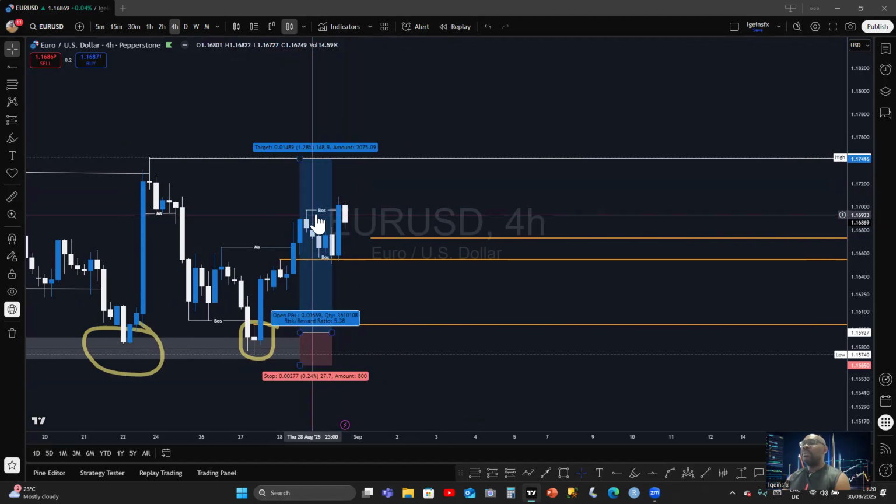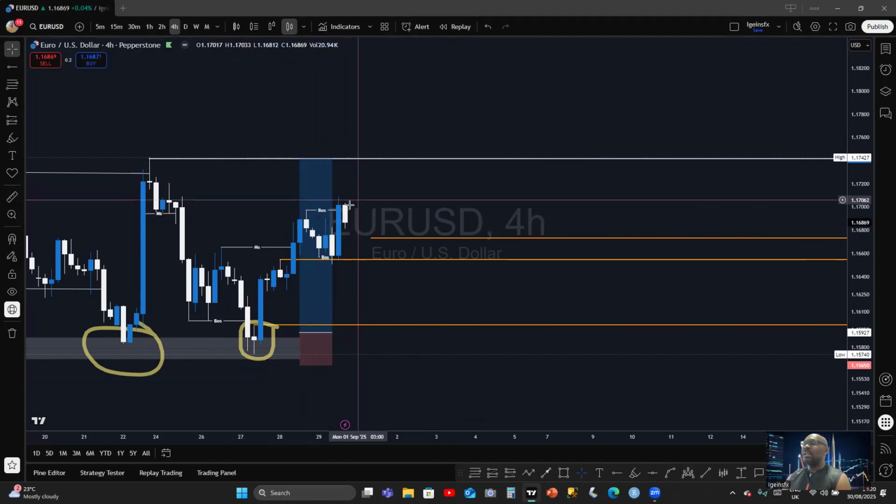After a break of structure, what you will expect is a pull, a retracement. And this is a retracement phase. All right. Once the retracement phase has ended, there will be a push. We are expecting price to give us a new high.